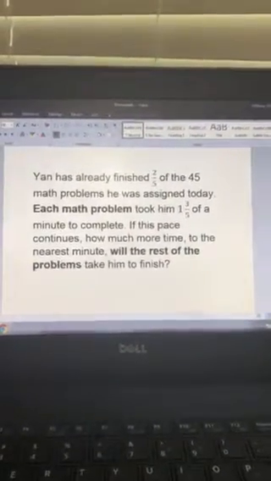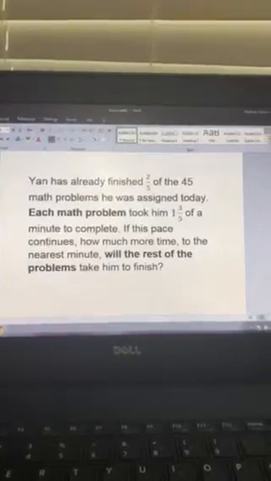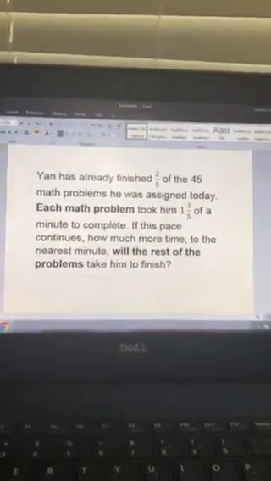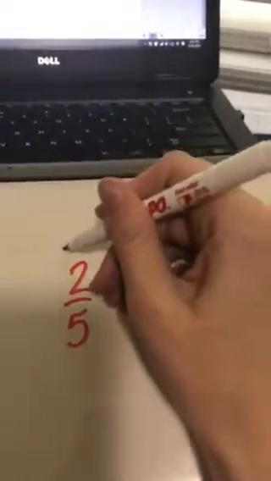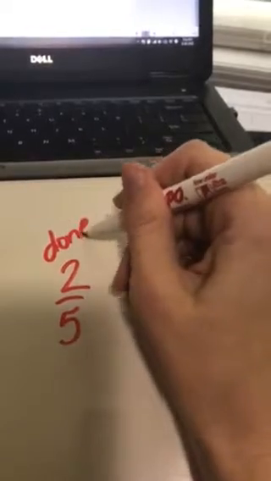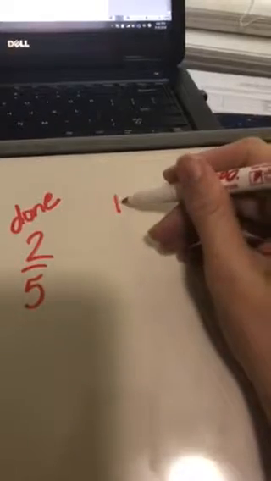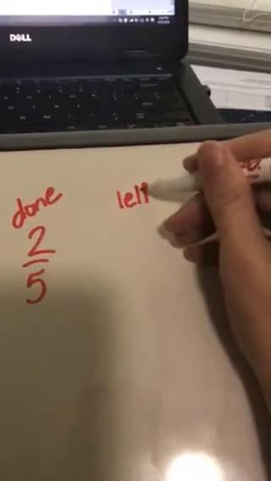In the first sentence they told me how many problems he's completed. If he's completed 2/5 of the problems, that's how much he's done already. And 5/5, or all, would be all of the problems. What would be left to represent how many he has remaining?